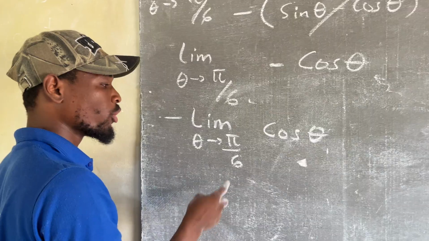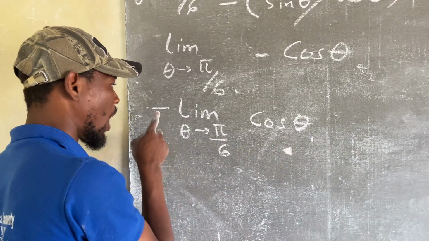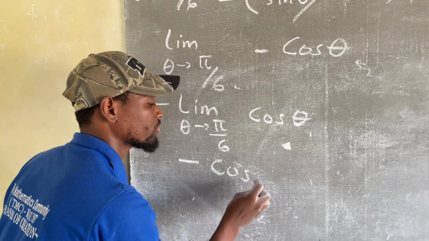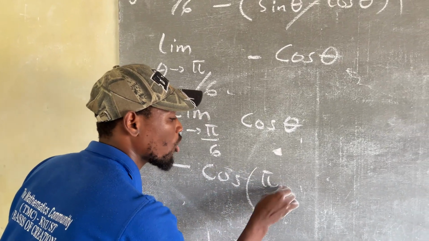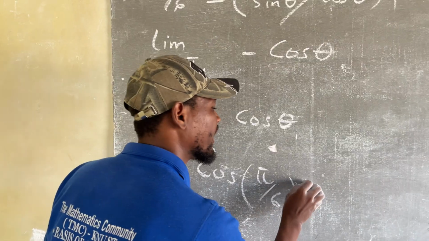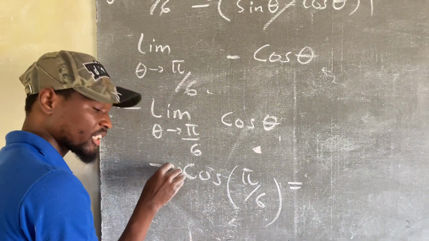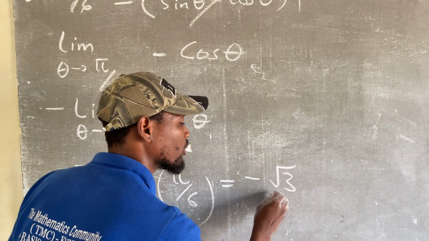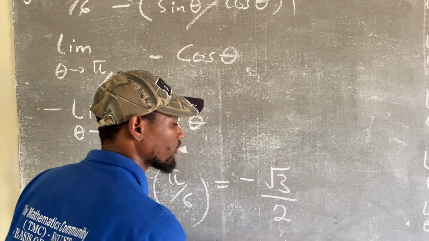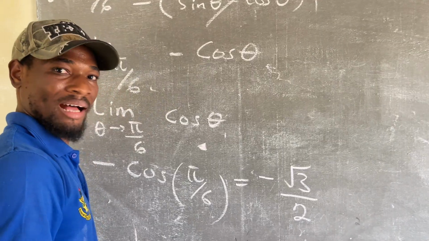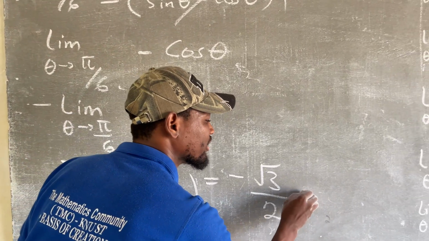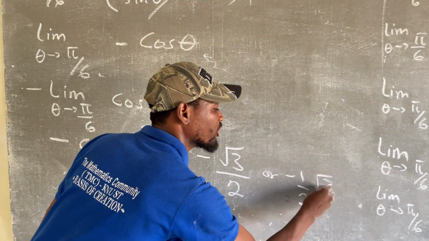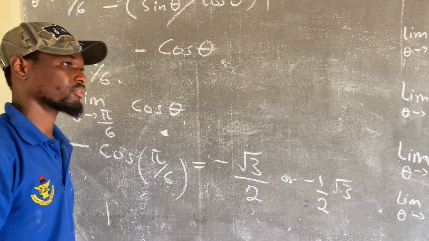Now, when you put this in, what do I have? I have negative cos of pi on 6, and this should give me negative square root of 3 over 2. As simple as that. Or someone would say this is the same as negative half.